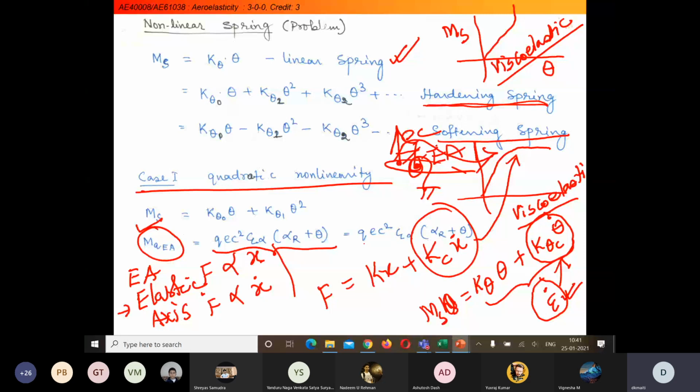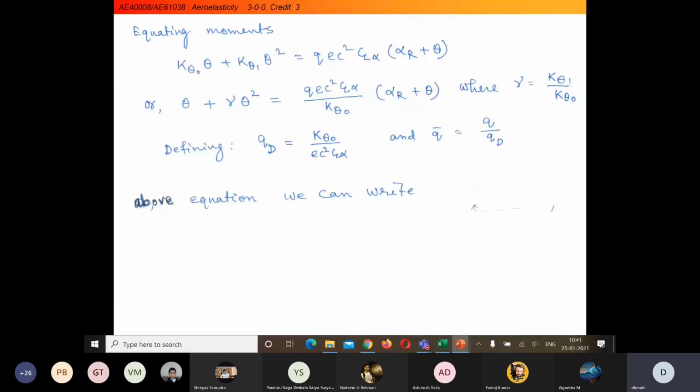Then we will come to the equilibrium condition. If we consider an equilibrium condition, I can equate the structural moment to the aerodynamic moment. So it is k theta naught into theta plus k theta 1 into theta square. This is equal to the right hand side, q e c square C L alpha, alpha r plus theta.